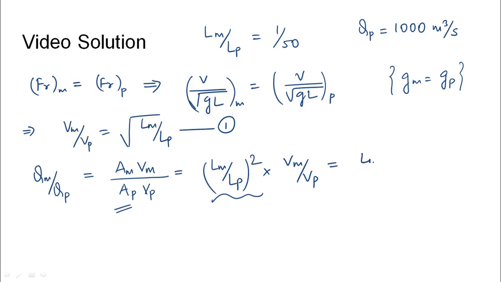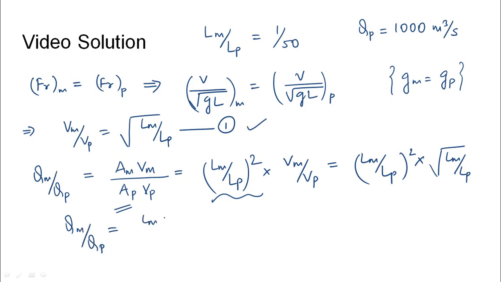That can be written as square root of Lm over Lp from equation 1. This would give Qm by Qp equals Lm over Lp raised to the power 2.5.